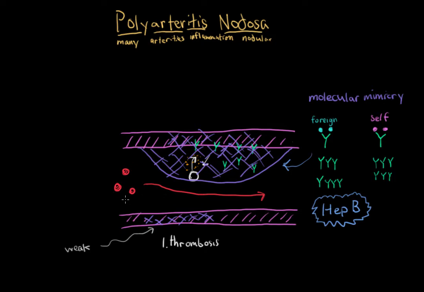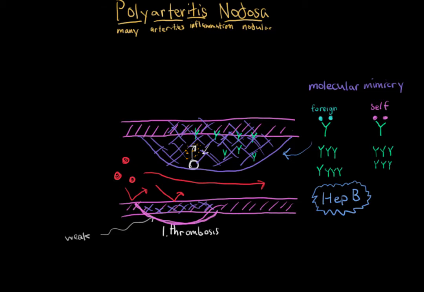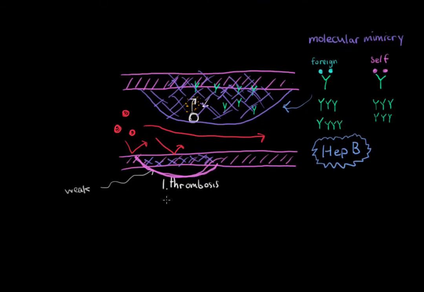If red blood cells or any other contents hit the wall of the blood vessel, they're supposed to bounce off and just continue on their merry way. But the problem here is, with a weakened blood vessel, when red blood cells push against this, the wall's so weak that it bulges out. This bulging of the blood vessel wall is called an aneurysm. It's a weakened part of the wall that bulges out from the pressure on the inside of the blood vessel.